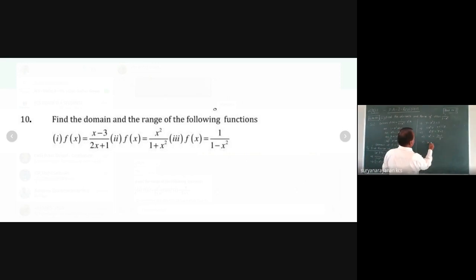This implies x is equal to plus or minus the square root of y minus 1 by y.